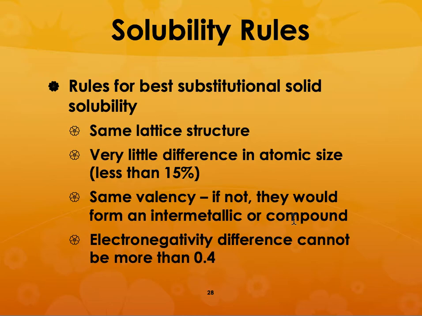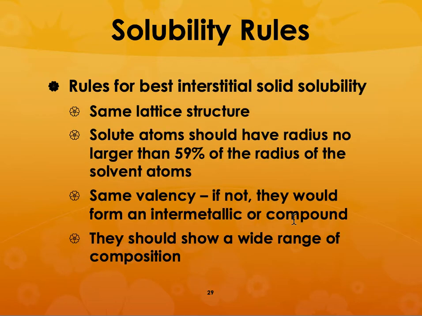If not, they will form an intermetallic or compound. And the fourth one, that is not as important as the first two, is the difference in electronegativity between the two different atomic species. They cannot be more than 0.4.